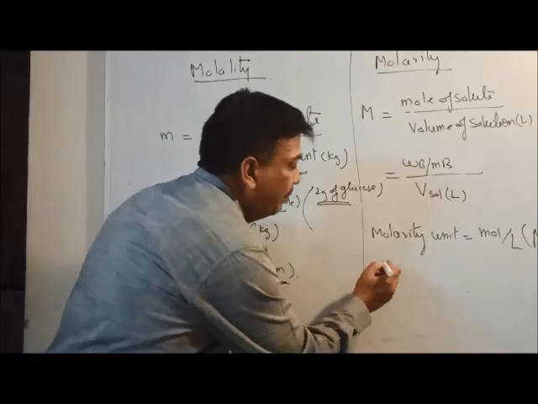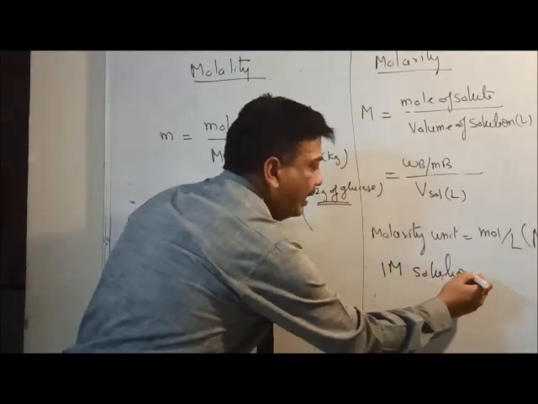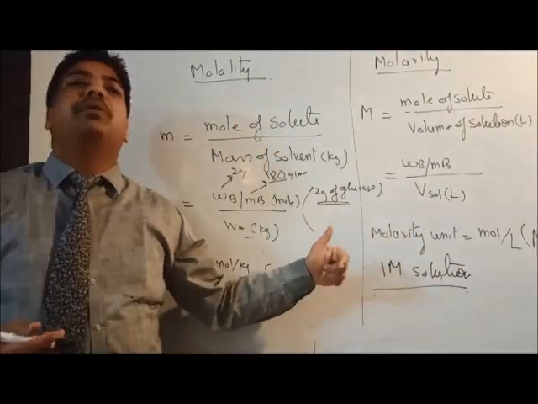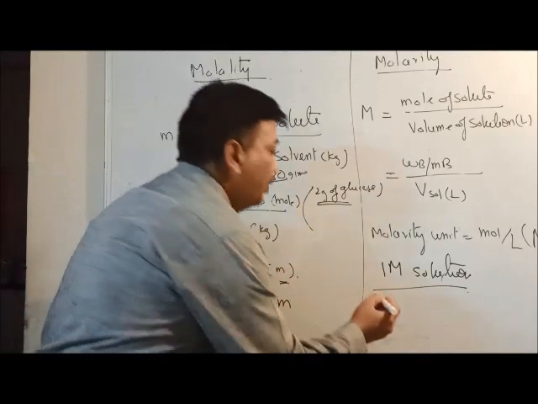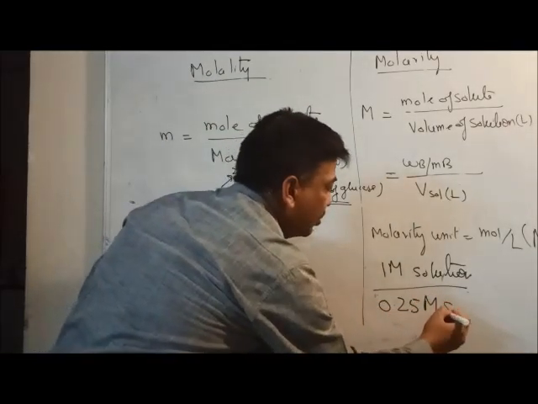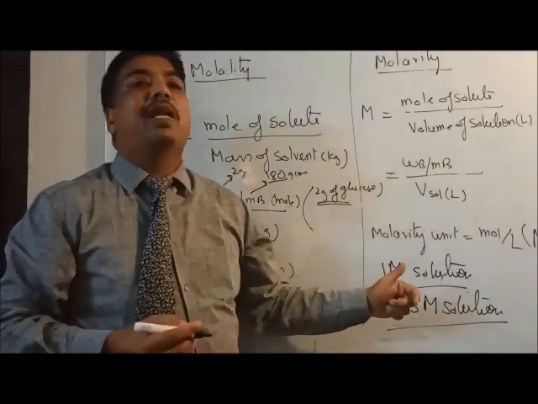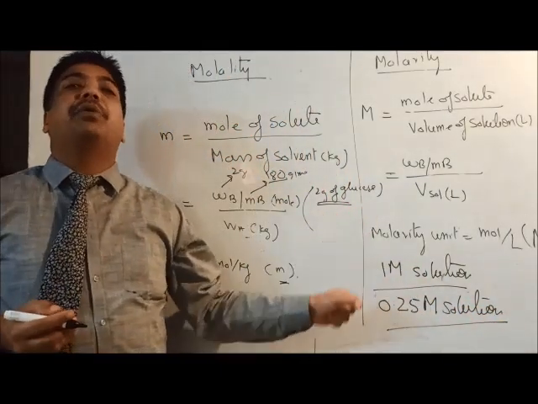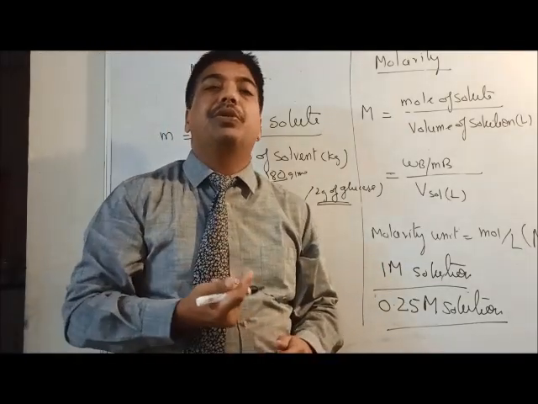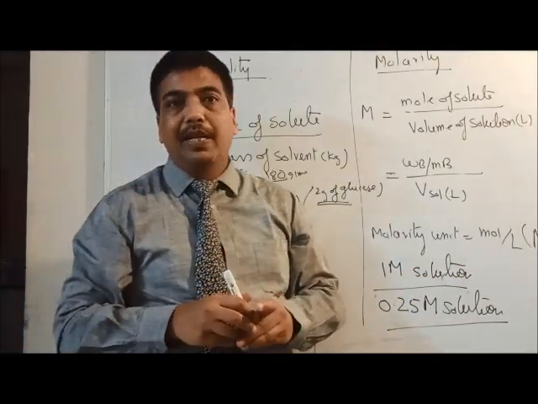For example, if we have a 1 M solution of anything, that means the solution's molarity is 1 mole per liter. Suppose a solution's molarity is 0.25 capital M. That means the solution's molarity is 0.25 mole per liter. That means in 1 liter of solution, 0.25 mole of solute is present.